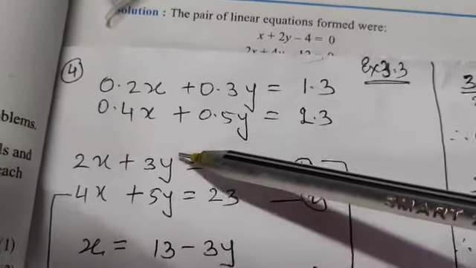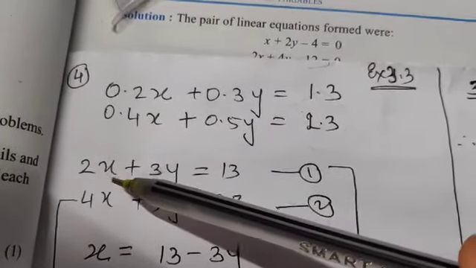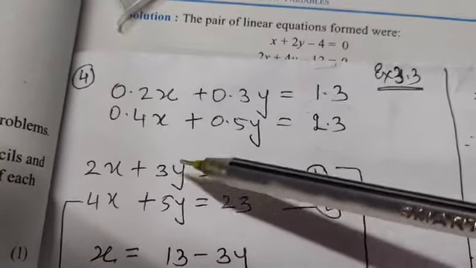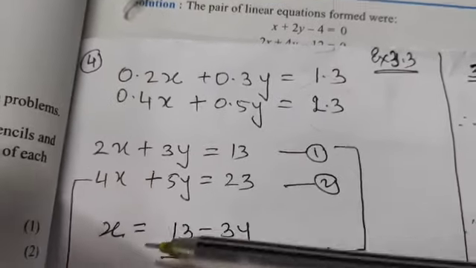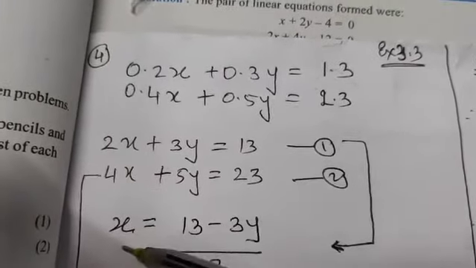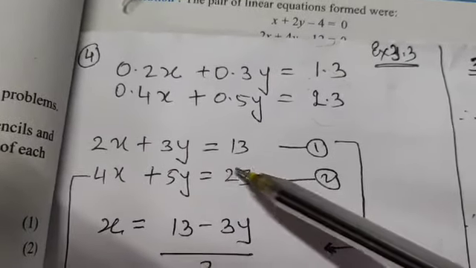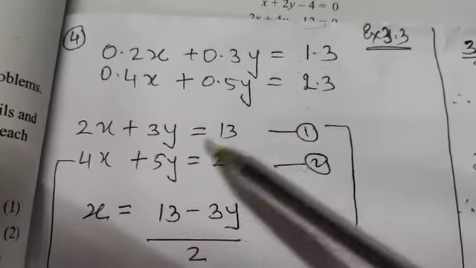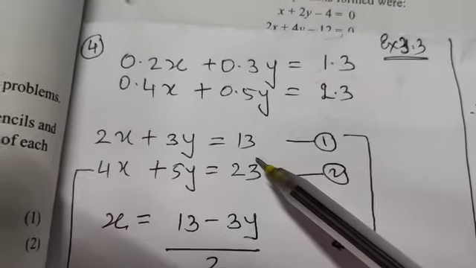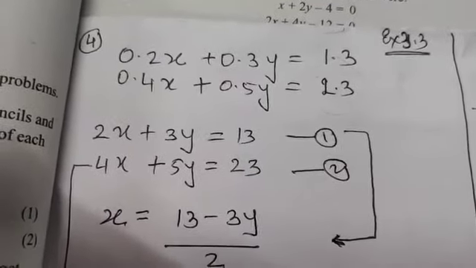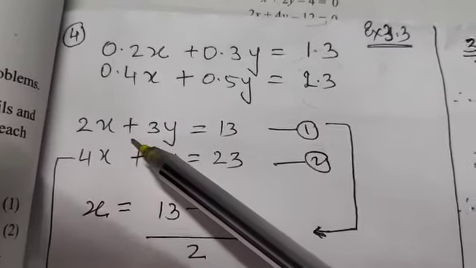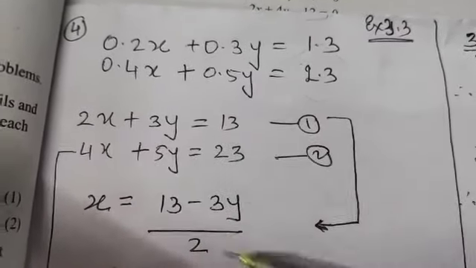So this is respectively your first equation and the second equation. Now, as I told you, in substitution you can take the value of x or y from any one of the equations. What did I do? I had taken out the value of x from the first equation, that is 13 minus 3y divided by 2. Okay, addition becomes subtraction, multiplication goes into division.